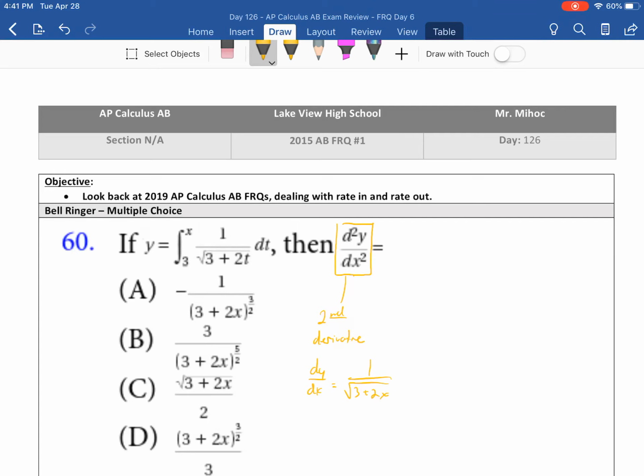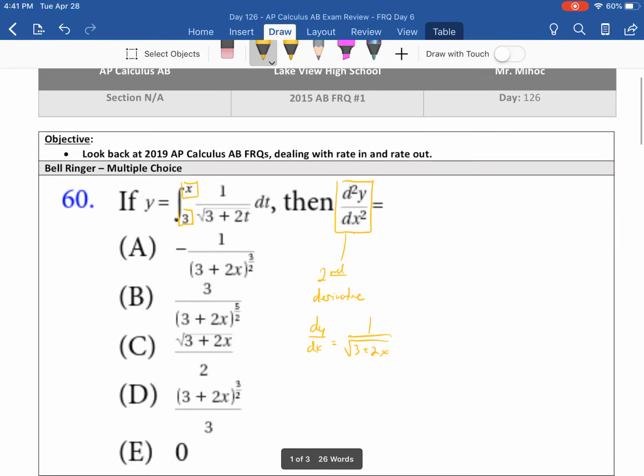The integral goes away because the integral is the antiderivative, so if you take the derivative of the antiderivative, you're just left with the original expression. Now, yes, other things can happen depending on what the interval values are. But in this case, since our interval values are just a constant 3 and a variable x, our derivative just ends up being that original expression in terms of x. So nothing fishy going on.